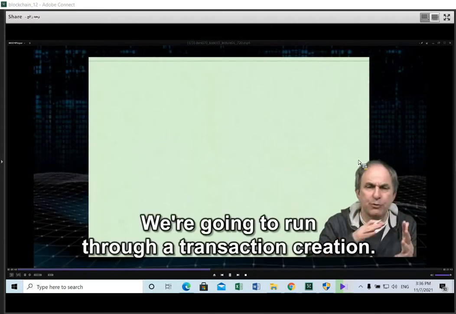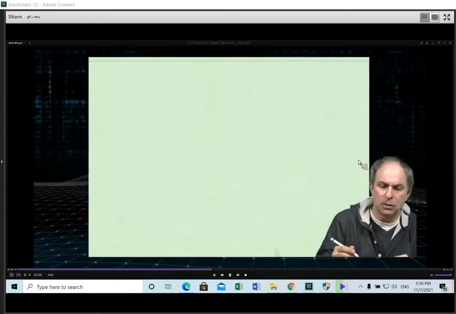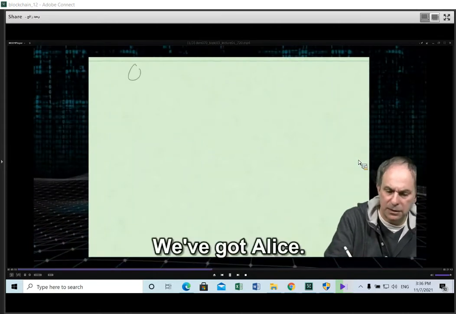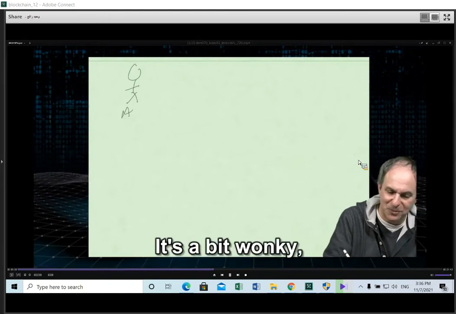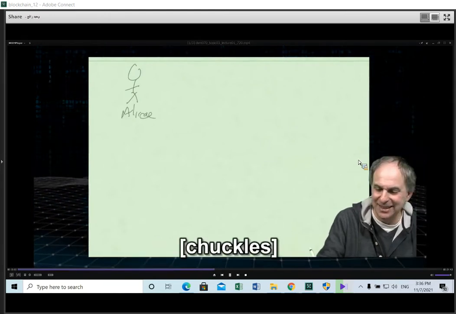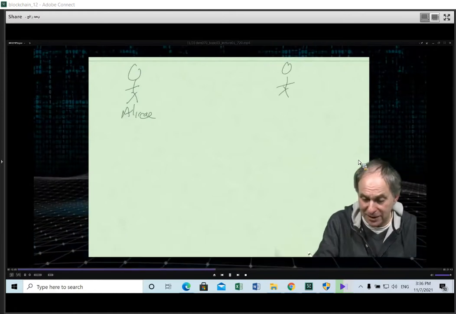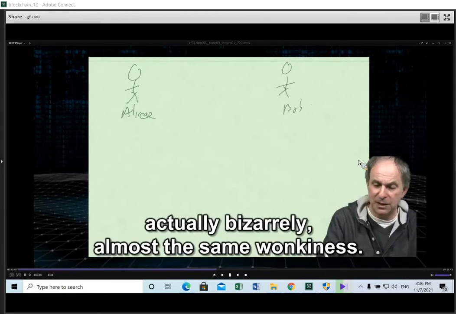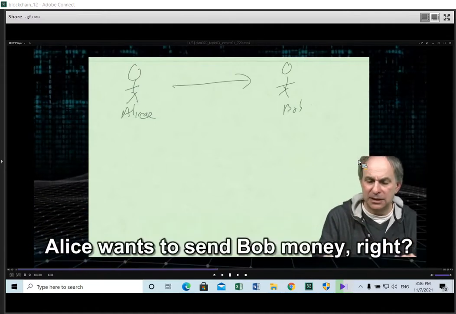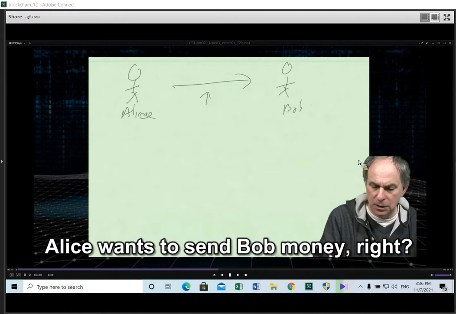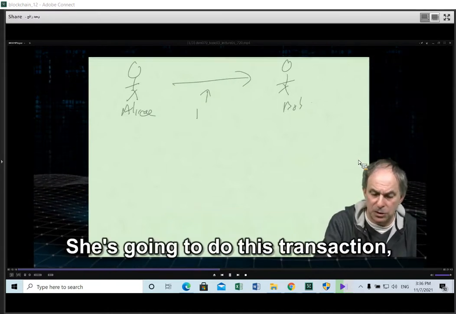Okay, now here we are. We're going to run through a transaction creation. So we've got Alice, and we've got Bob. Alice wants to send Bob money, so she's going to do a transaction.